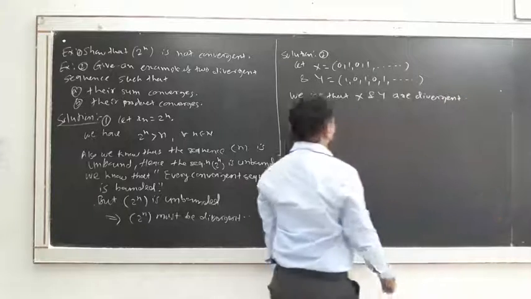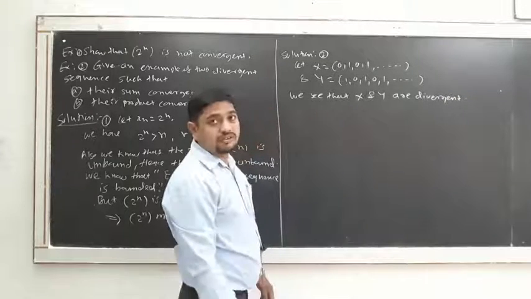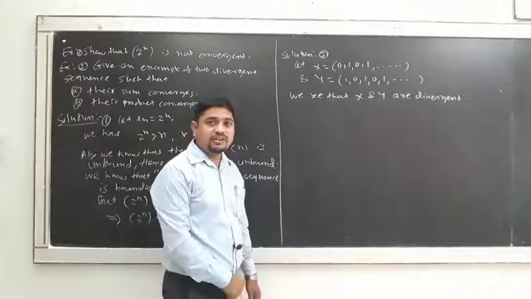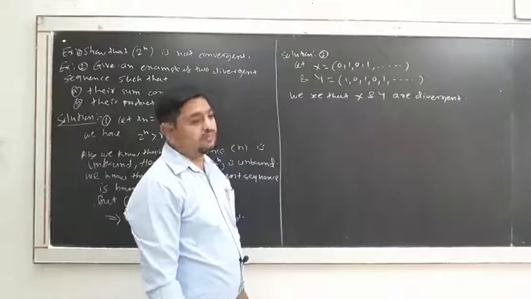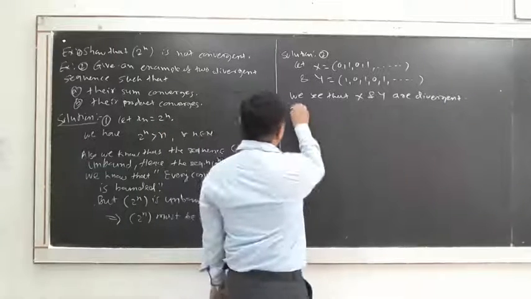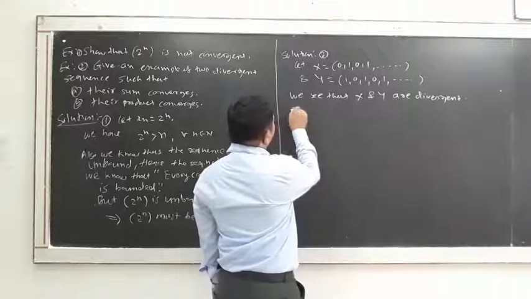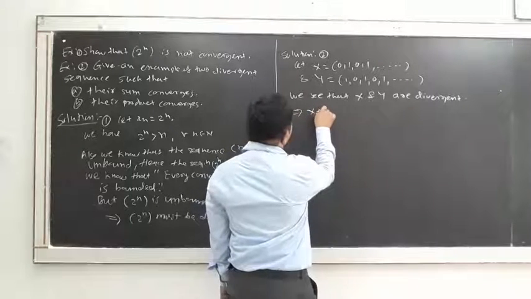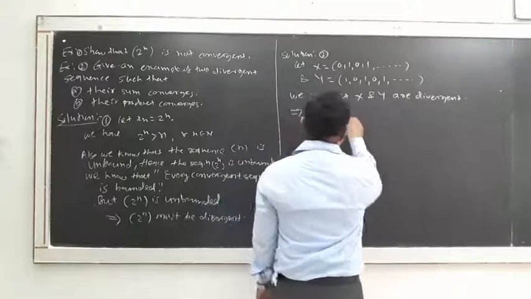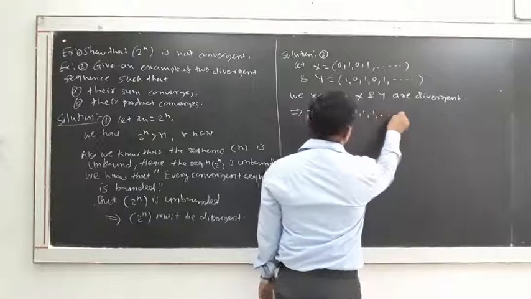They are alternate sequences, they are not convergent. But x plus y is equal to, by addition, 1, 1, 1, 1 and so on.